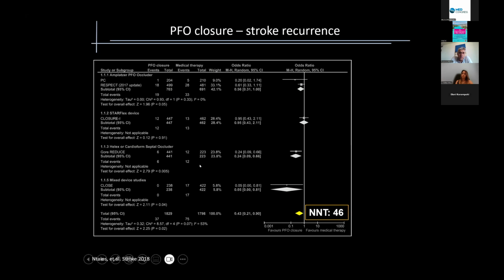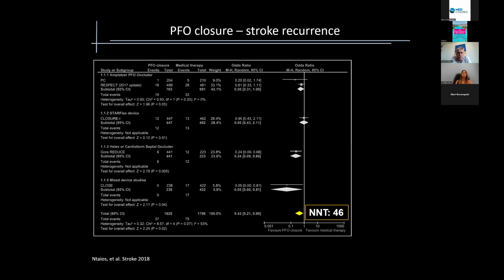What they found was that the relative risk reduction of stroke recurrence was more than 50%. That is, for patients who have a stroke of unknown cause and a PFO, if you close this PFO, they have less than half the risk of stroke recurrence compared to those patients whose PFO you do not close.